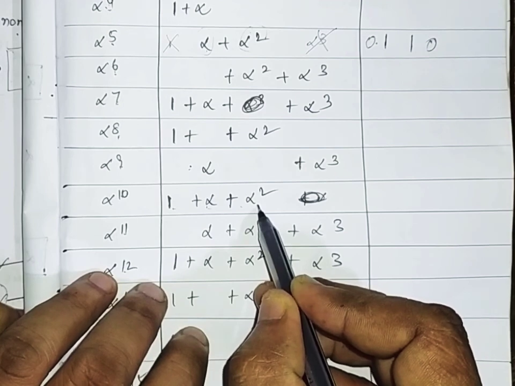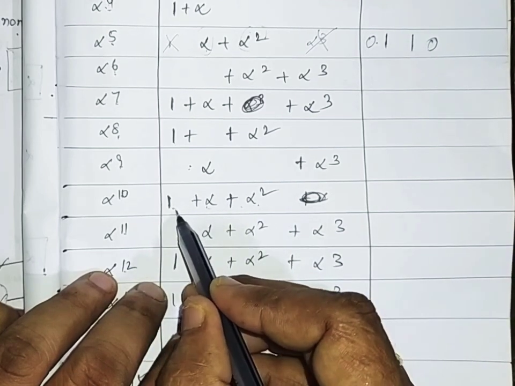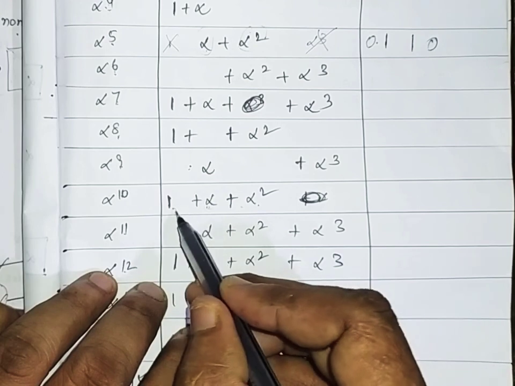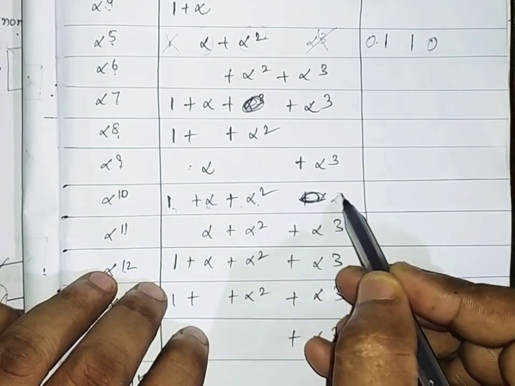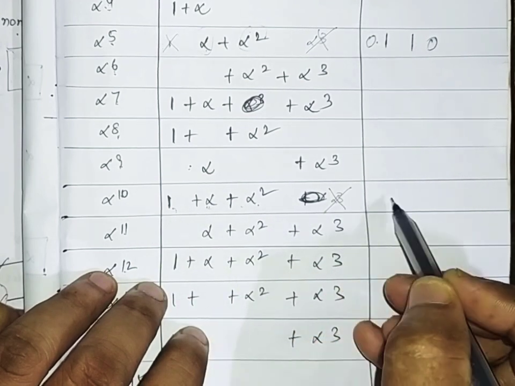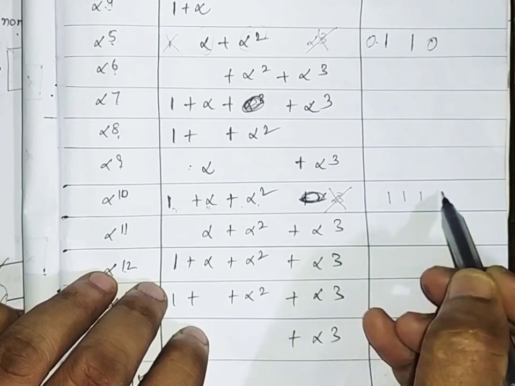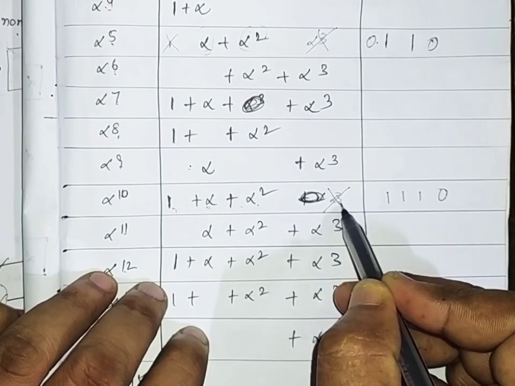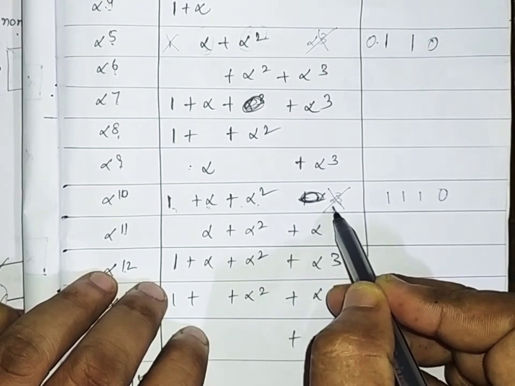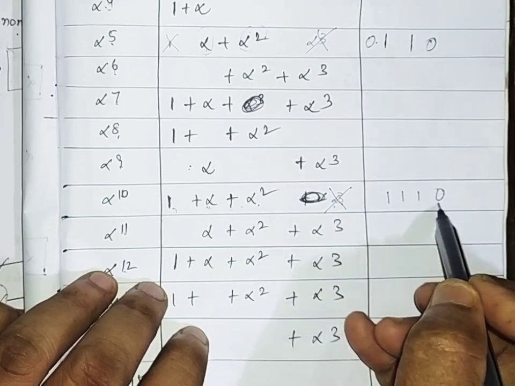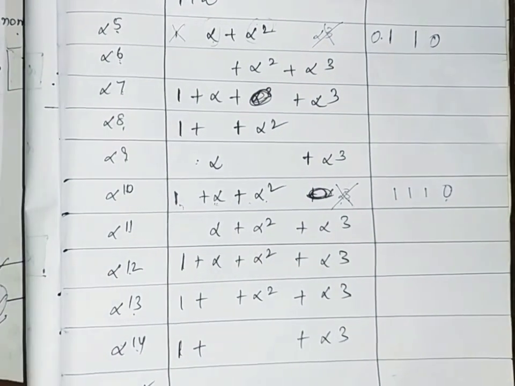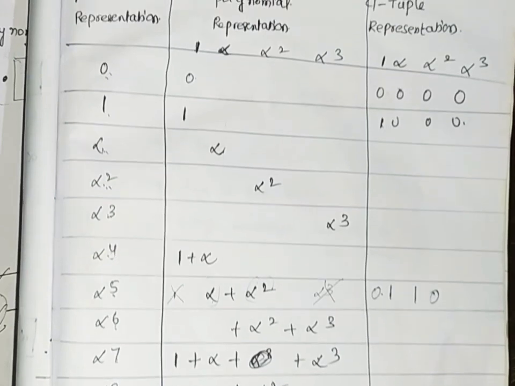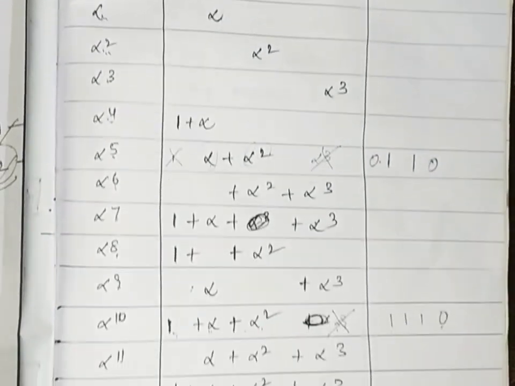In this particular polynomial, we have only the 1 term and the alpha square term. There is no alpha cube term. So therefore, simply represent 1, 0, 1, 0. Since there is no alpha cube term, it is represented by 0. In this way, we construct the entire table for the Galois field 2 power 4.